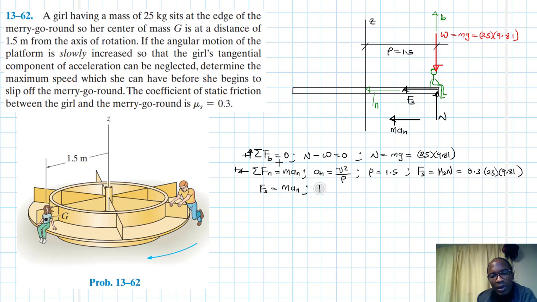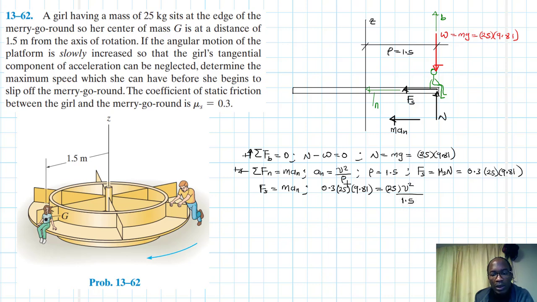Therefore, our Fs is 0.3 by 25 by 9.81, and this is equal to m, which is 25 kg, times v squared divided by rho, and our rho is 1.5 meters.